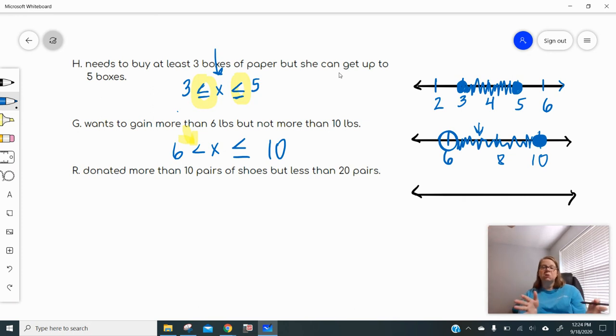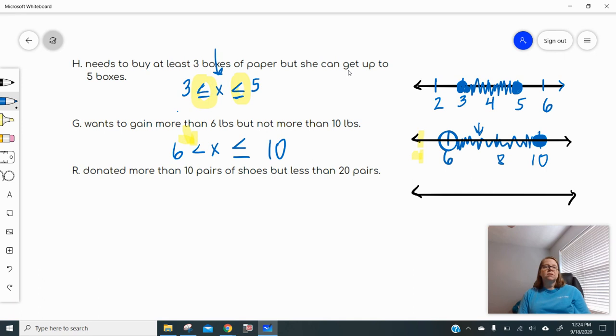Or test something that you didn't shade, maybe out here, if this is 4, for instance. If this person gained 4 pounds, would they be happy? No, they're trying to gain generally between 6 and 10. So 4 is not okay. So 4 shouldn't be shaded. It's not. So that's a sign that you're on the right track.